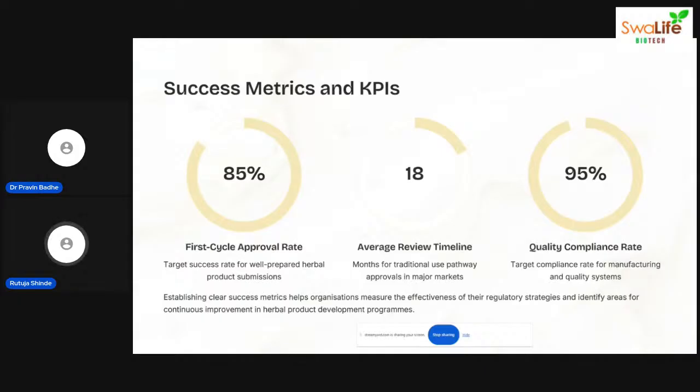For example, a strong target might be an 85% first cycle approval rate, 18 months for review under the traditional pathway, and a 95% compliance rate. That means the target compliance rate for manufacturing and quality systems. Establishing clear success metrics helps organizations measure the effectiveness of their regulatory strategies and identify areas for continuous improvement in herbal product development programs.